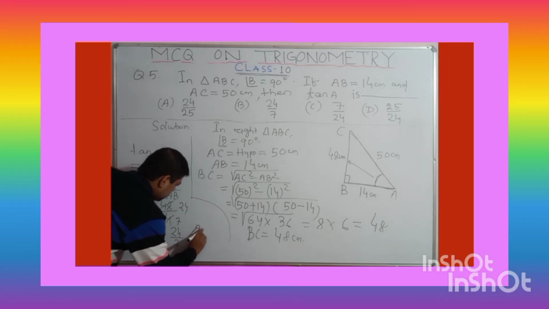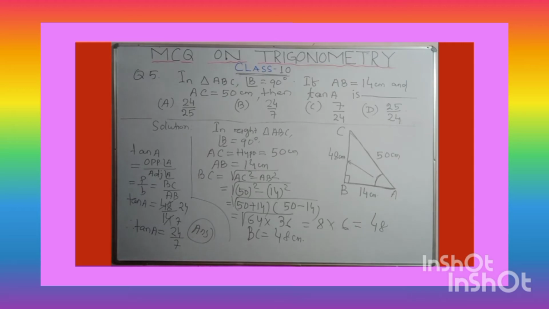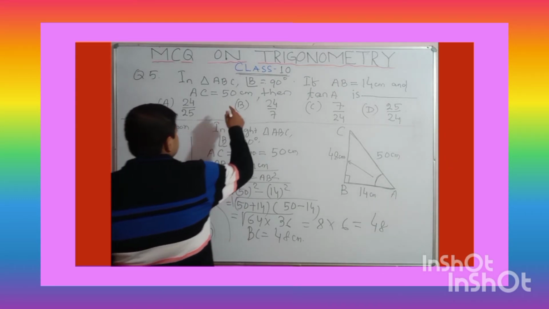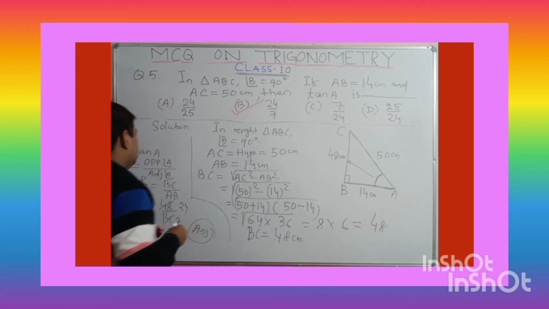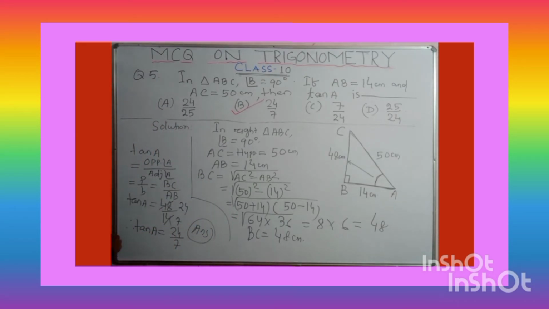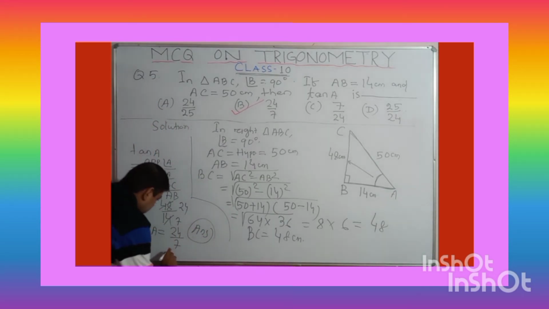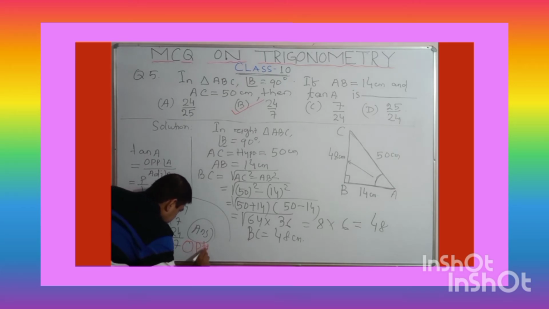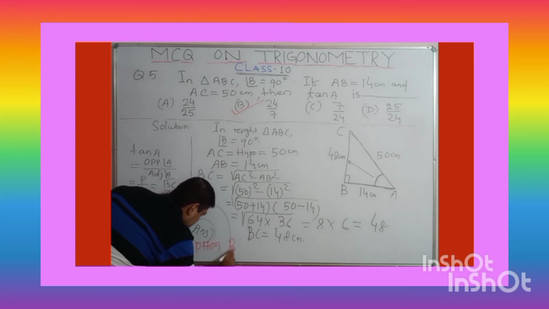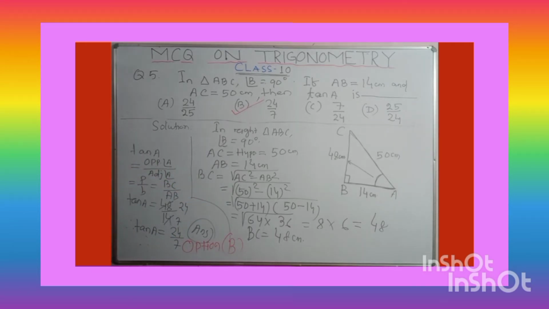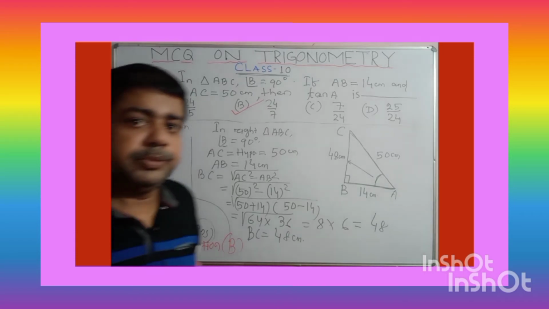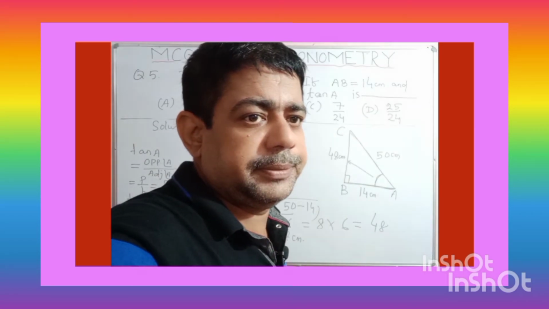This is the correct option, 24 by 7. Hence, option B is the correct option. Understand? Okay, understood? Thank you. Just follow it.